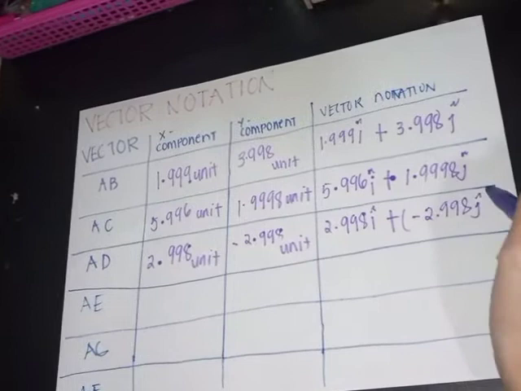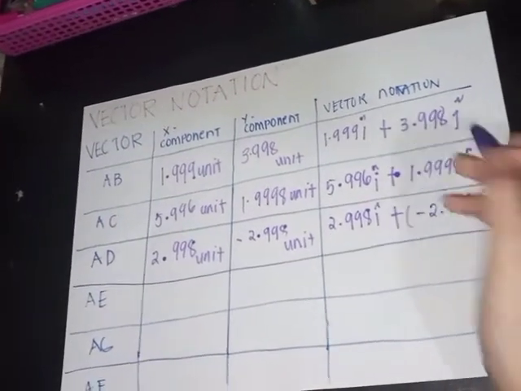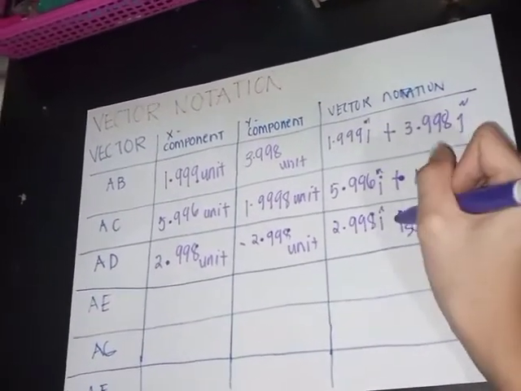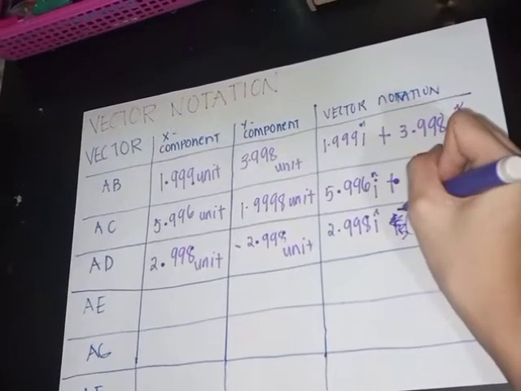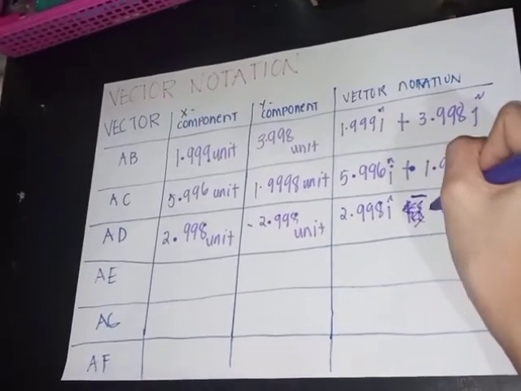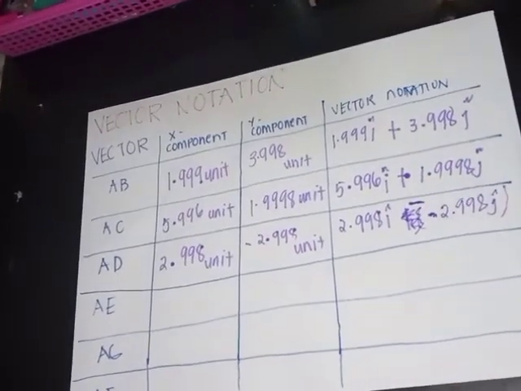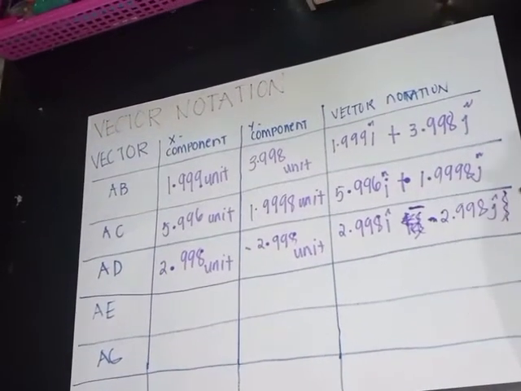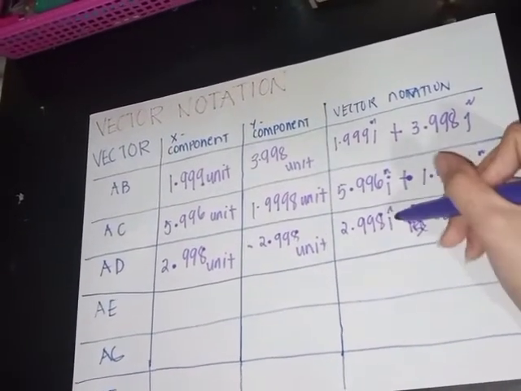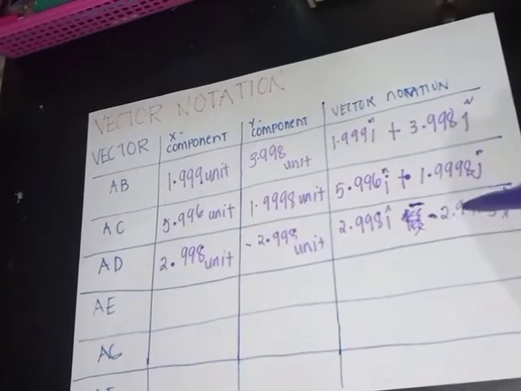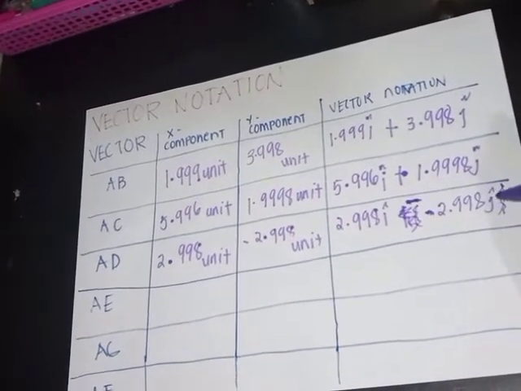So since negative na to, pwede na natin gamitin. Magiging negative na lang siya. Negative na yung operation nito. So ayan na siya. 2.998 unit vector of i minus 2.998 unit vector of j.